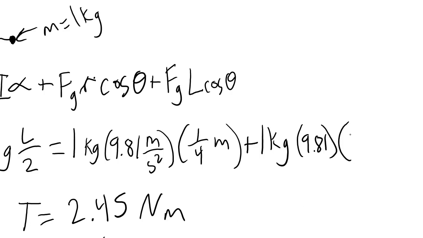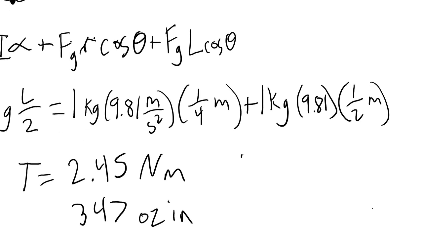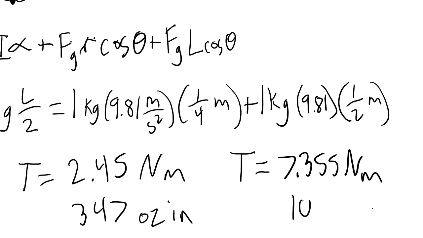Since L is 0.5 meter, we can plug that in here. So the torque required due to gravity with the payload is about 7.355 Newton meters, or about 1,041 ounce-inches.